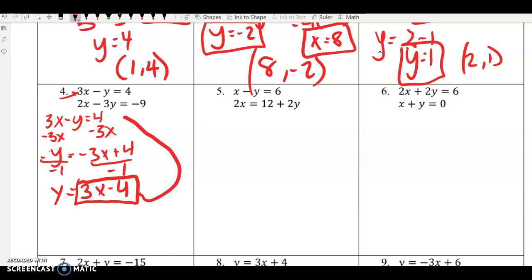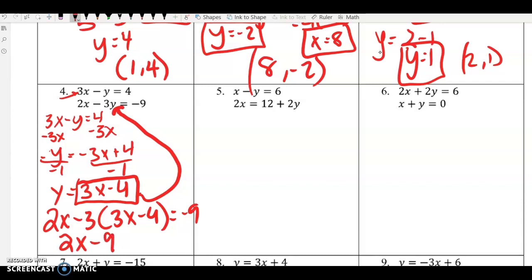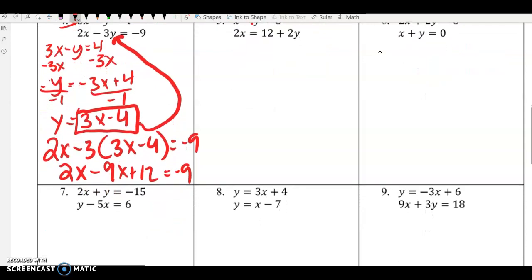I'm going to plug it in to y right here. So we get 2x minus 3 times 3x minus 4 equals negative 9. So I get 2x minus 9x plus 12 equals negative 9. Okay, I'm just going to keep writing down below. I get negative 7x plus 12 equals negative 9.